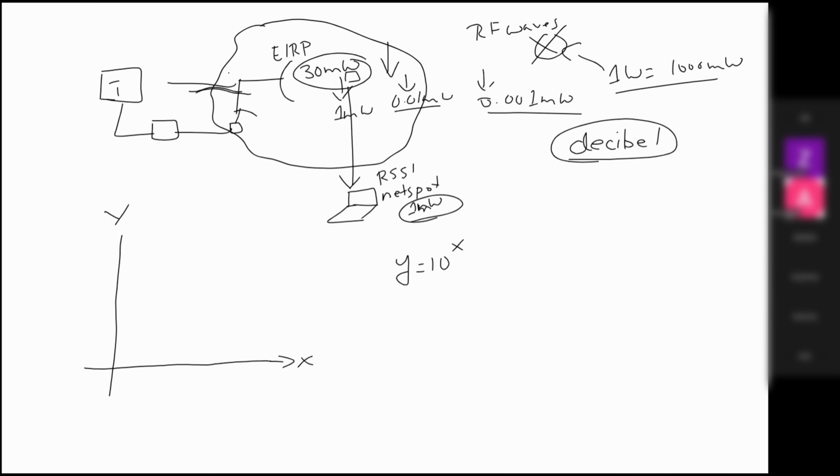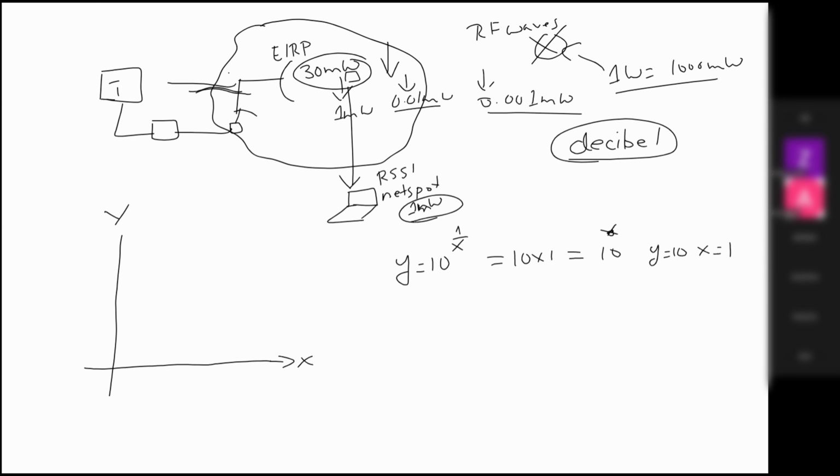When I make X as 1, 10 to the power of 1 is nothing but 10. So X value is 1, Y value is 10.